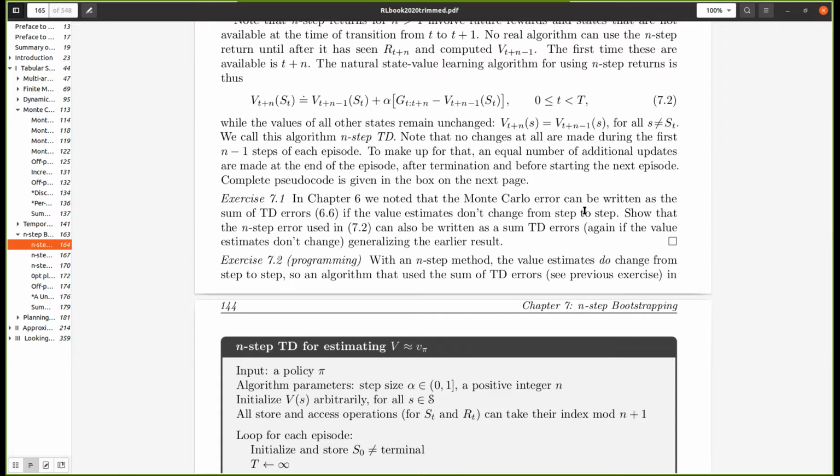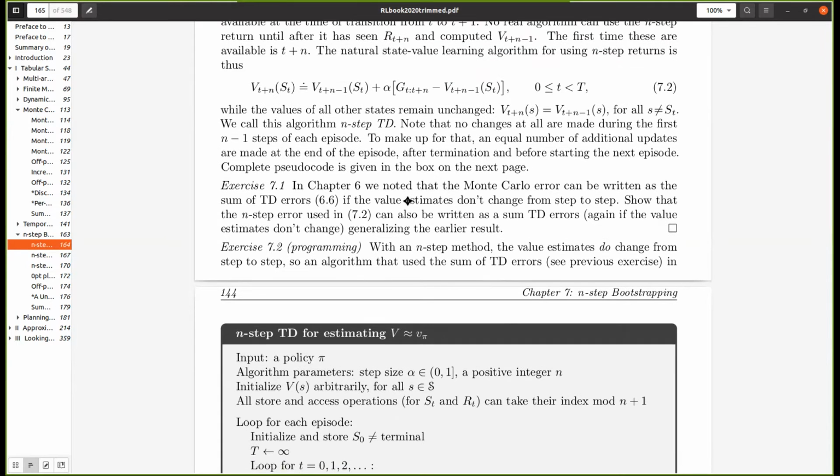So where does this change from step to step of the value estimate appear in this formula? It's in this part, right? We use the estimate for a state value that is current at time step t+n-1, and we use it to compute our estimate for the next time step.